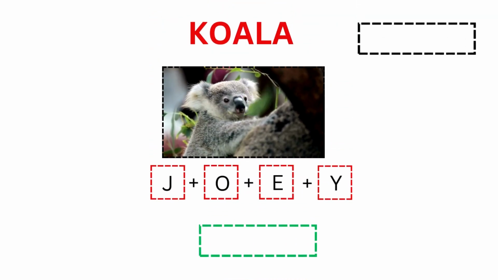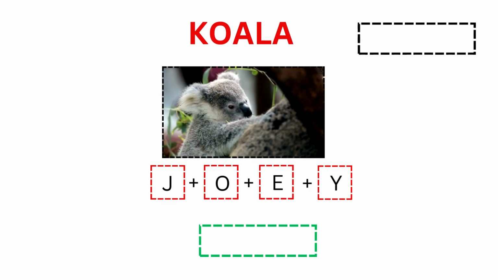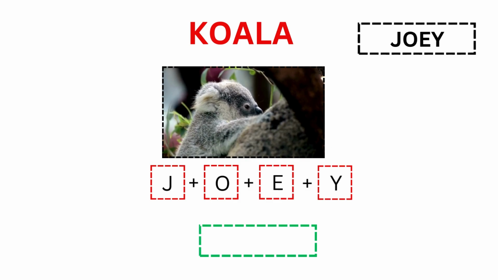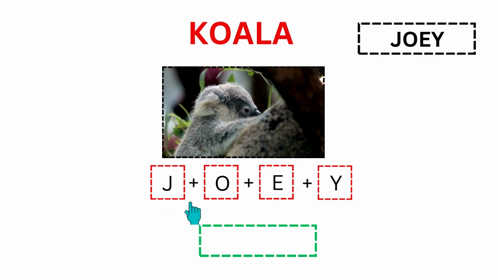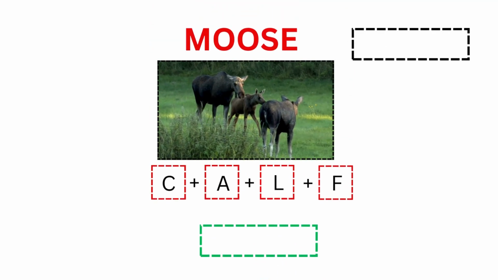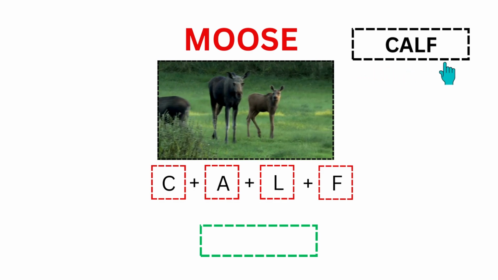Number 9 is koala. A baby koala is called a joey. Koala के बच्चे को joey कहा जाता है. J-O-E-Y joey. Number 10 is moose. A baby moose is called a calf.